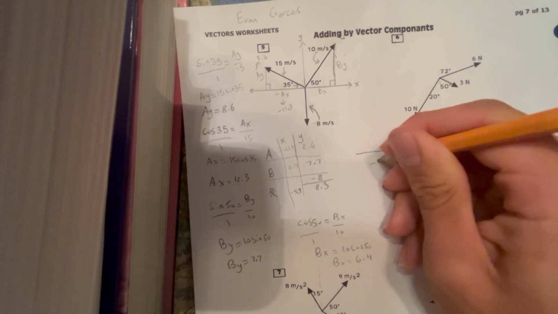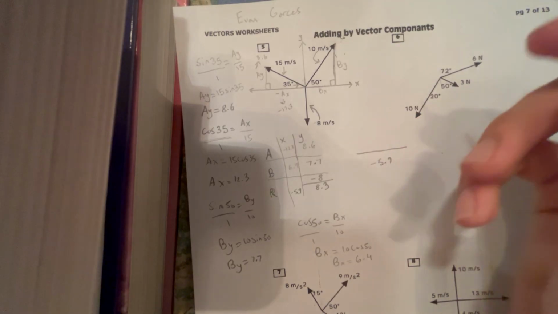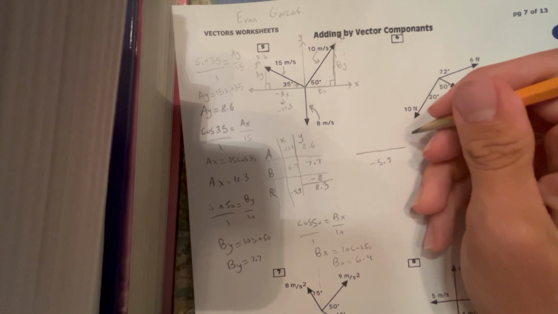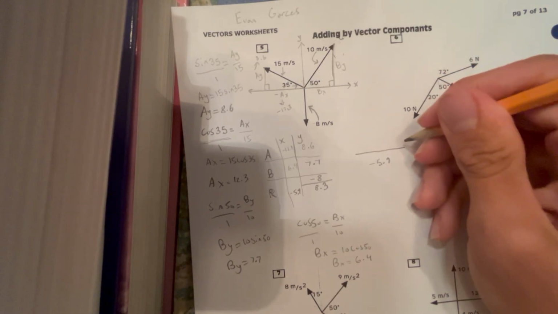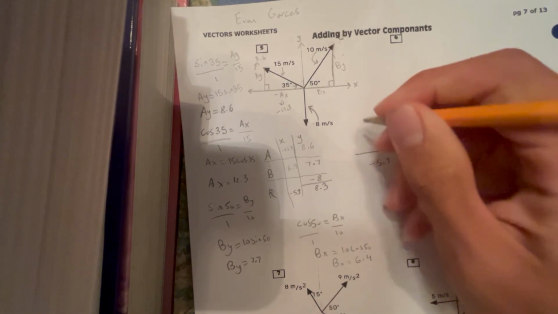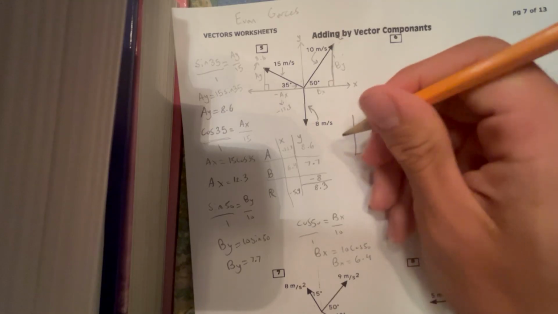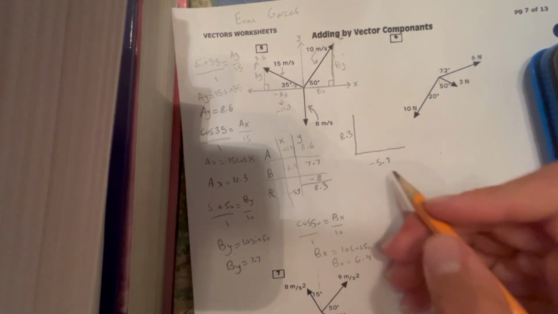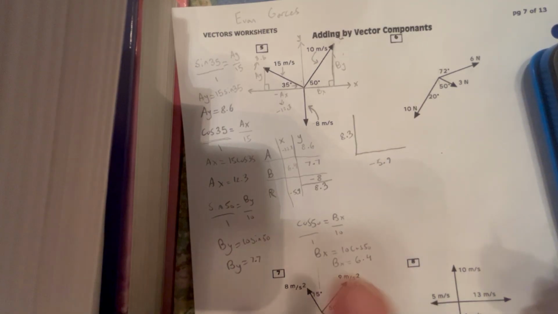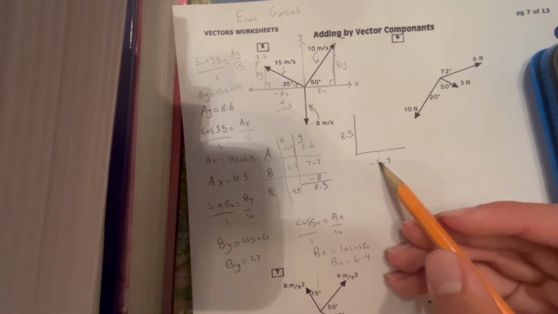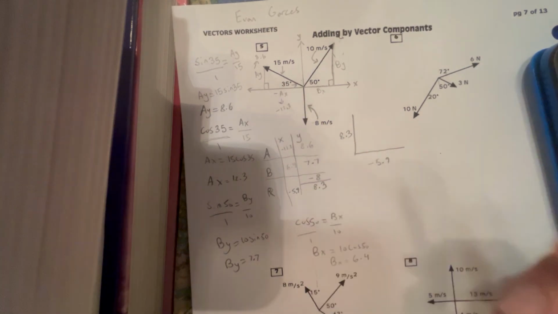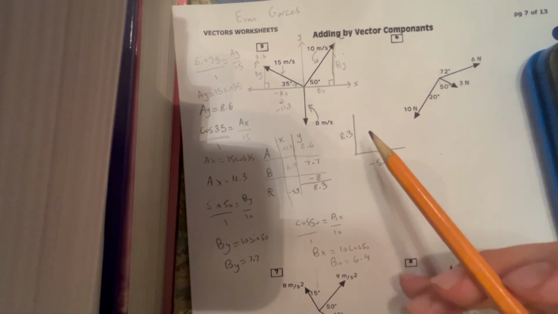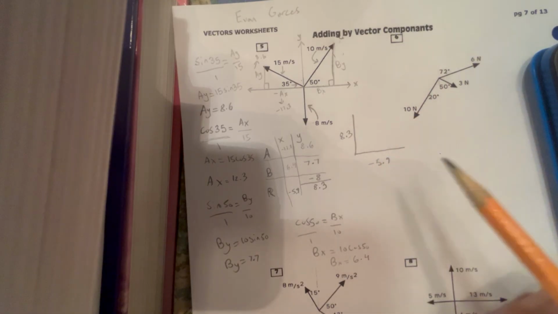This is -5.9, and it is going north 8.3. Because it's negative, the resultant's going in the left direction, because if it's negative on the x-axis, you're on the left side. And because 8.3 is positive, the resultant's going north, which would be up.